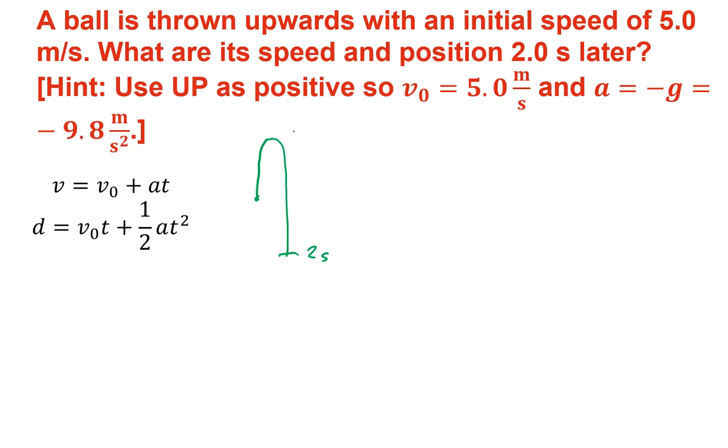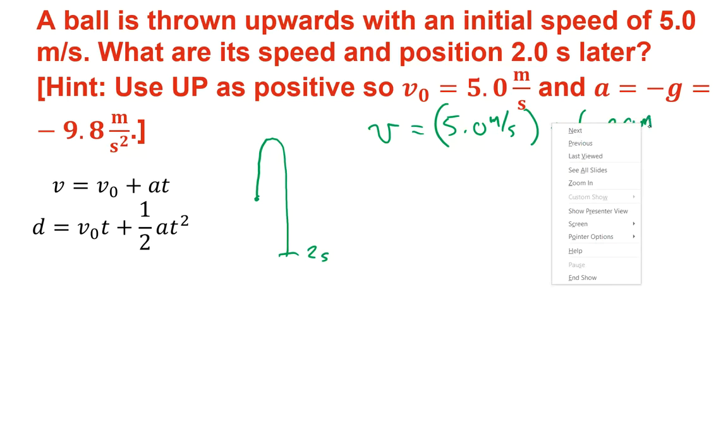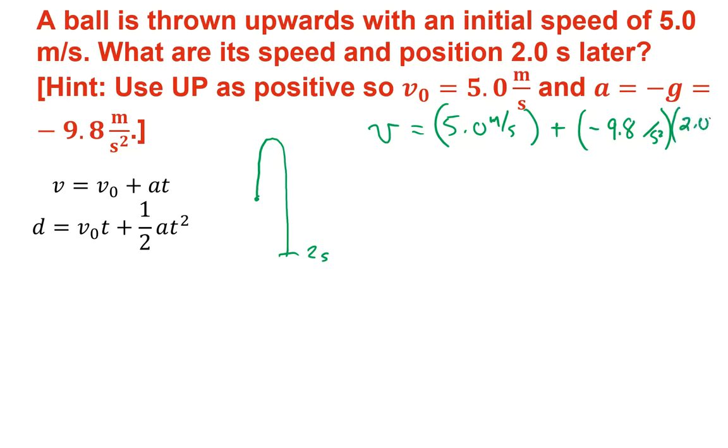So then using the numbers we have, my speed is equal to my initial speed, plus the acceleration, which is minus 9.8 meters per second squared, multiplied by the time.